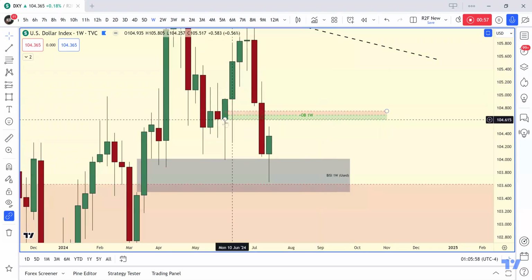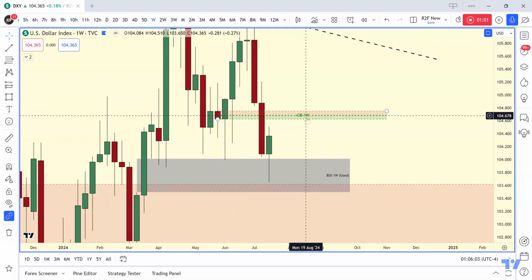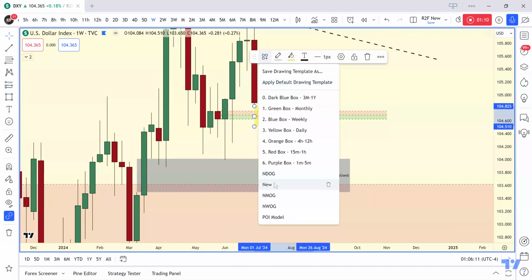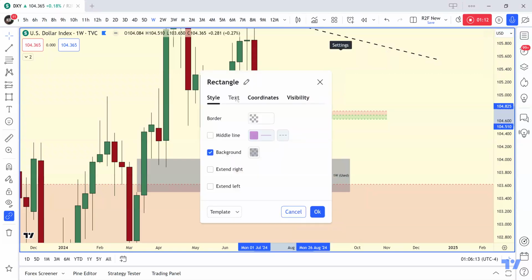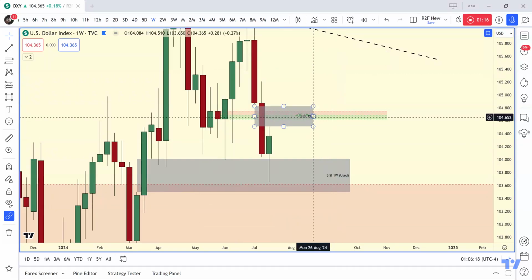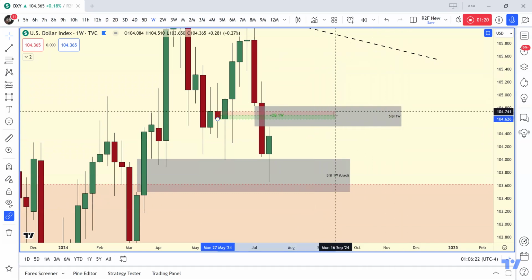So now we have this weekly over here in inversion, I guess you call it order block, that was blasted through. Within that, we have a CB, so CB 1 week. So now we have the confluence of two different PD arrays.